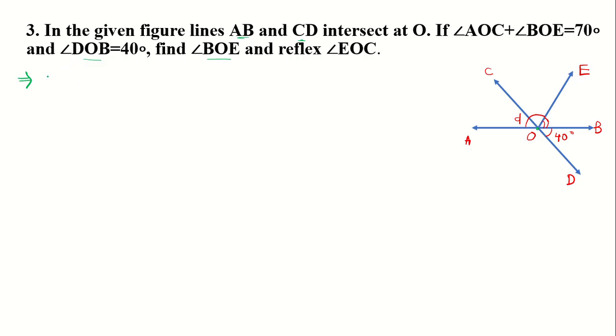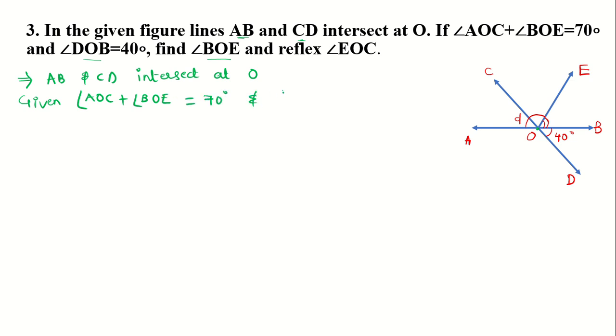First, it is given that AB and CD intersect at point O. And it is given that angle AOC plus angle BOE is 70 degrees and angle DOB is 40 degrees. First, we will try to find angle AOC. Okay?